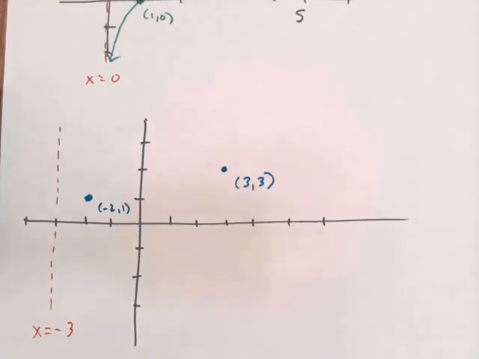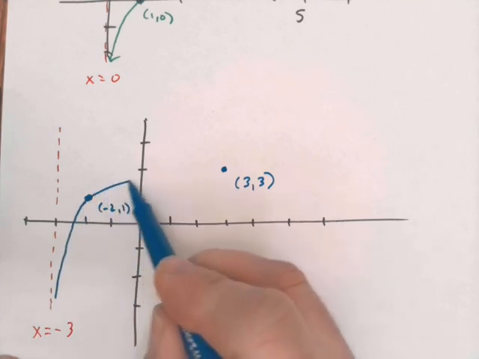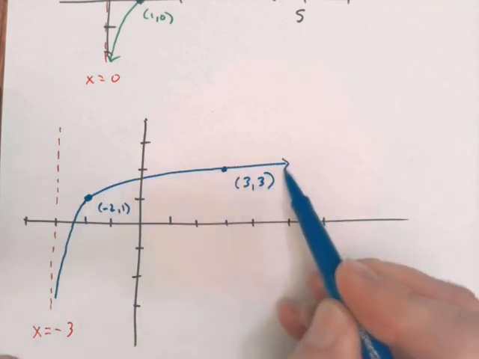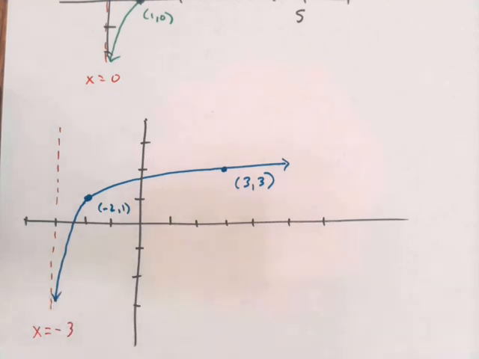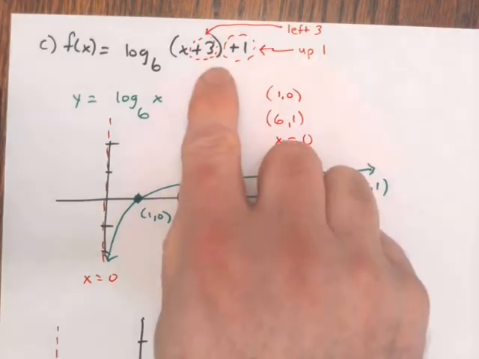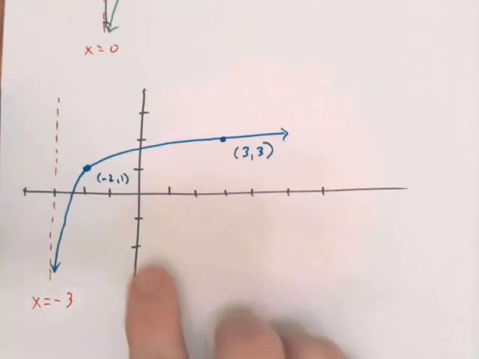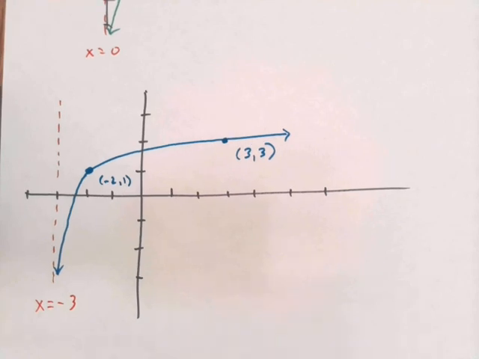Then from there we draw in our shape. And that is a reasonable sketch for the original function. It is the parent function for log base 6, and we move it left 3 and up 1.